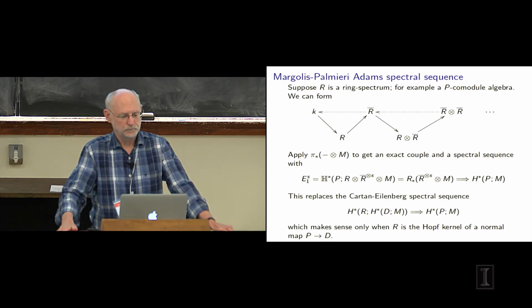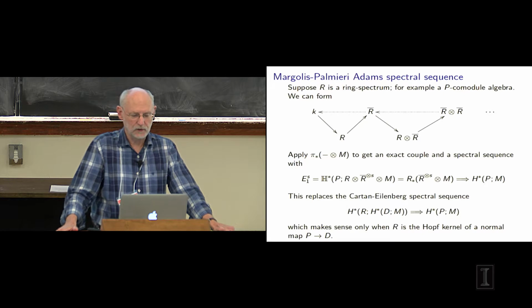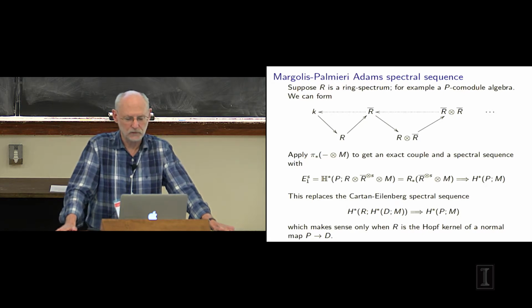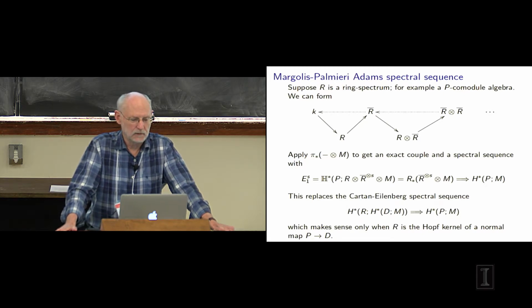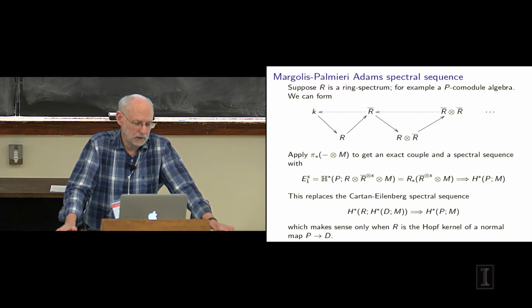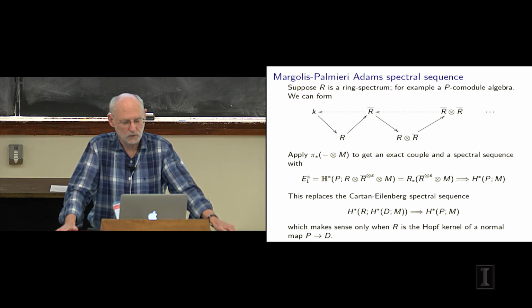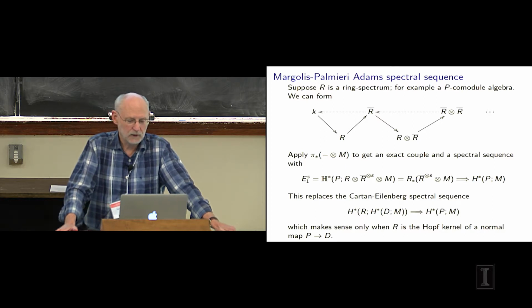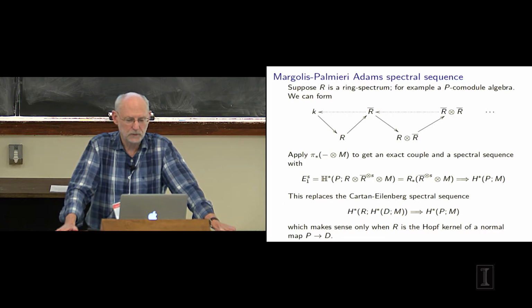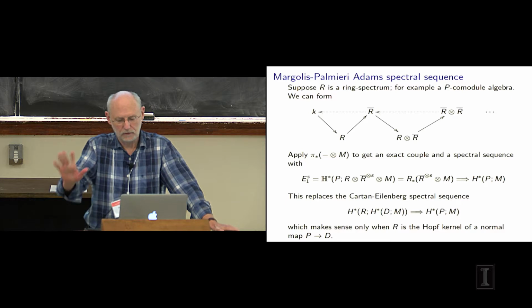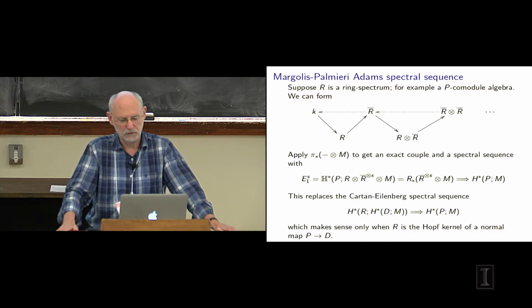So here it is again. This is the same slide as I started with, except I put tensors instead of smashes here. But do the same thing. So I can form these cofiber sequences, apply homotopy, that is to say, this hypercohomology, and I get an exact couple, and so I get a spectral sequence that's going to converge to the cohomology of P with coefficients in M. I guess I'm thinking of M not as a discrete thing, just a comodule over P here.